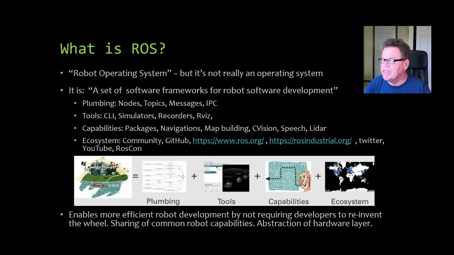The primary location for ROS information is www.ros.org, and there's also a specialist community around industrial use of ROS, so companies like Siemens and Intel, a lot of the big ones, Google, Amazon, are part of rosindustry.org, as well as Twitter feeds.